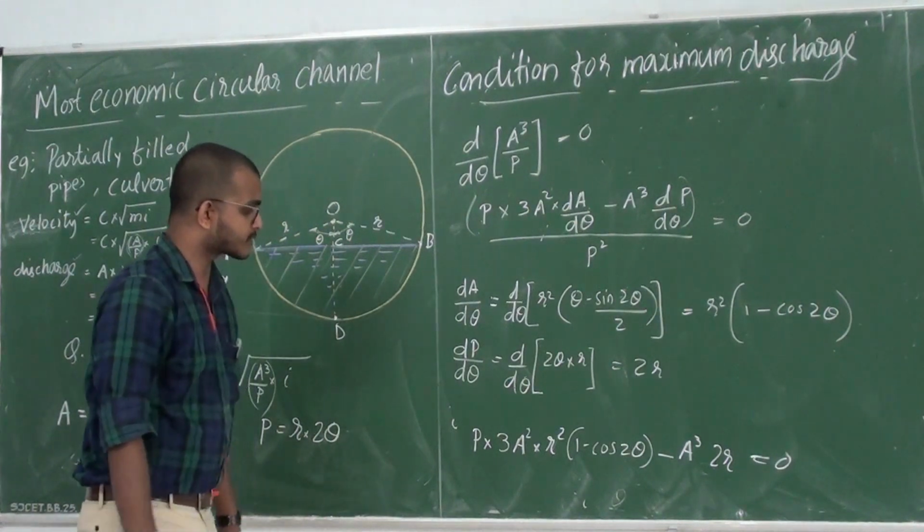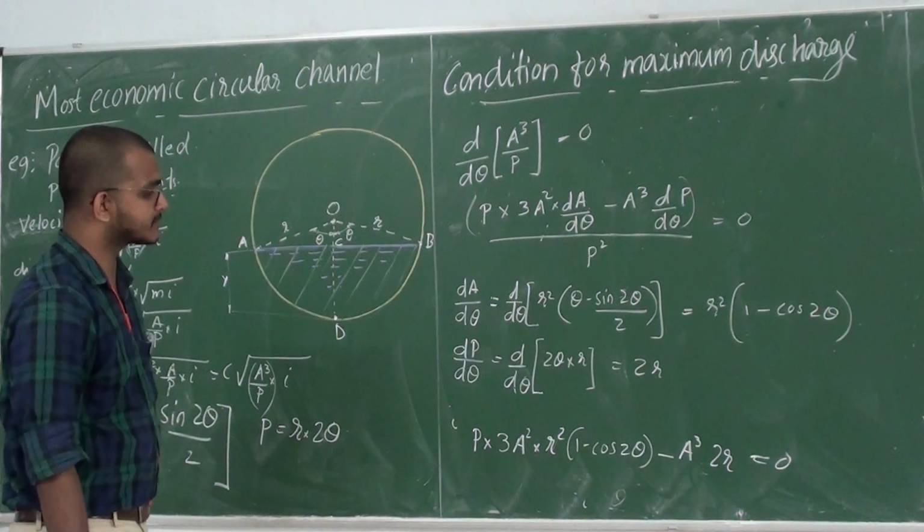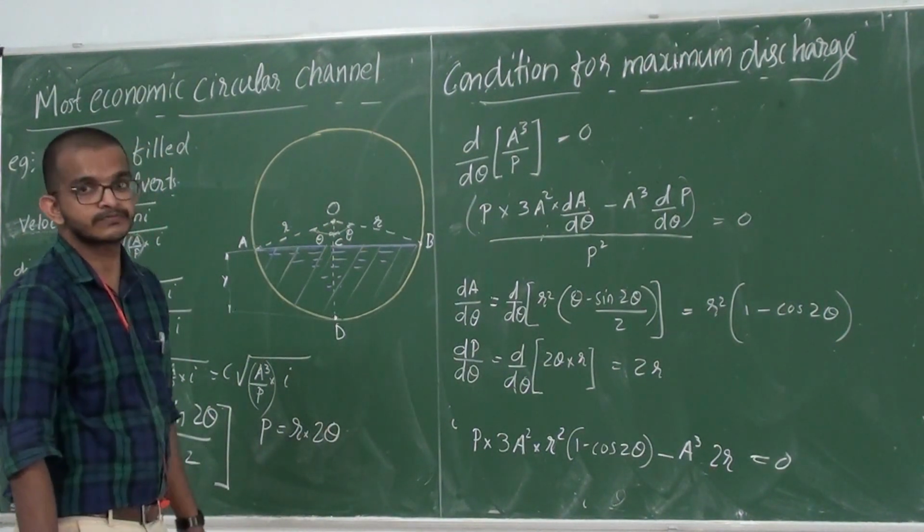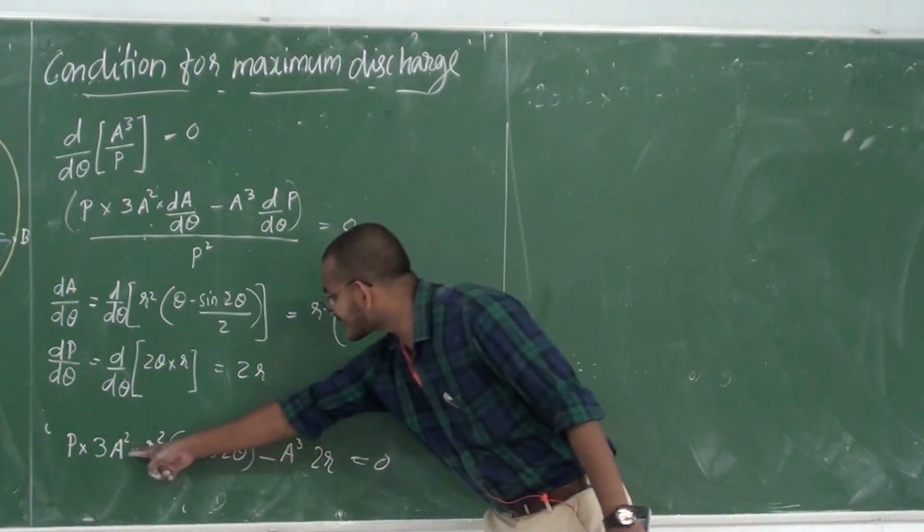So P into 3a square into r square into 1 minus cos 2 theta minus a cube into 2r equal to 0. We can cancel a square.